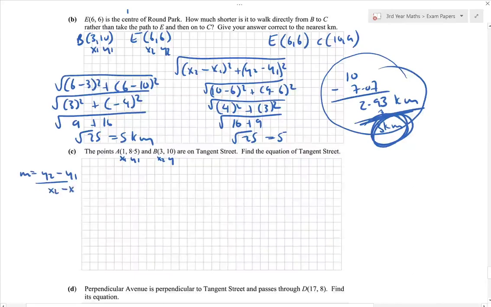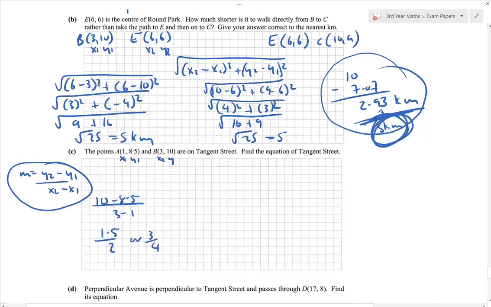Always write down your slope formula when you see anything in relation to equation of a line. So I'm going to sub into that, and that is 10 minus 8.5 all over 3 minus 1, which gives me 1.5 over 2, or 3 over 4. Okay, so that's the slope of the line, and it's a positive slope, and the line is going up from left to right, so we know that's correct.